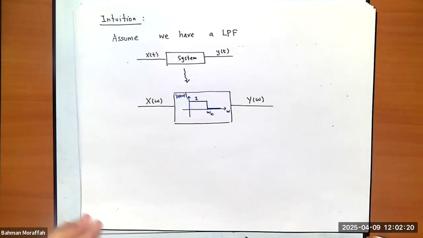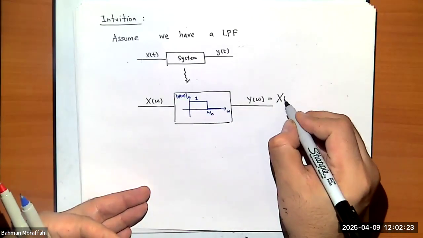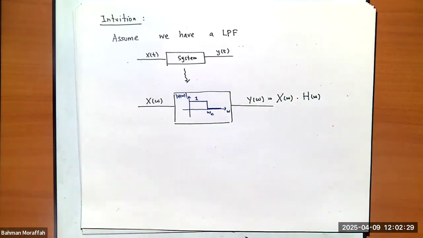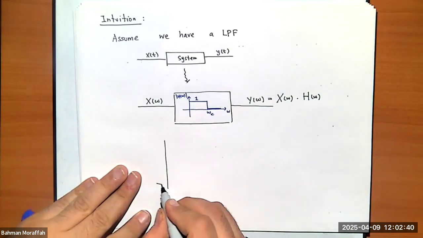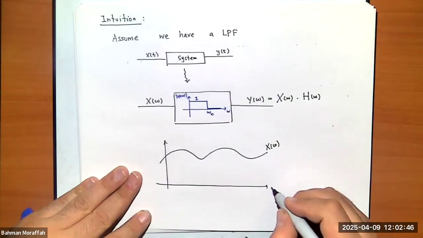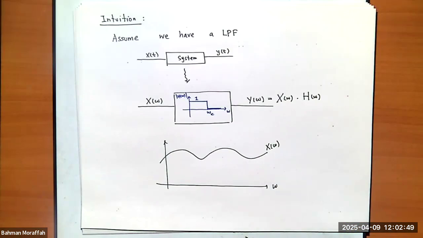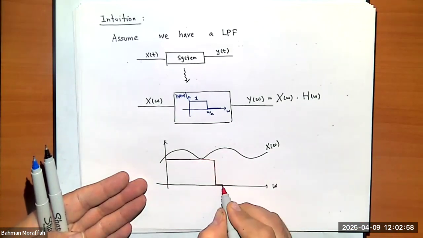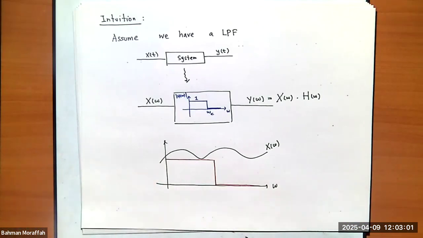Well, remember, y of omega is x of omega times h of omega. When I'm multiplying two functions, how do I multiply? We always multiply them pointwise. So assuming this is x of omega, this is the magnitude of it, and this is my h of omega.